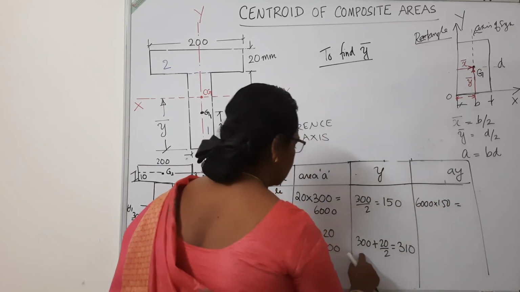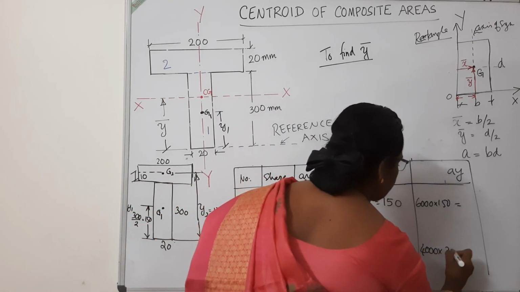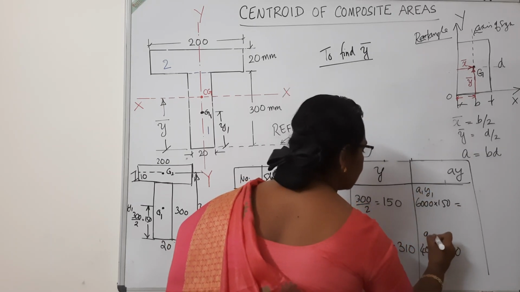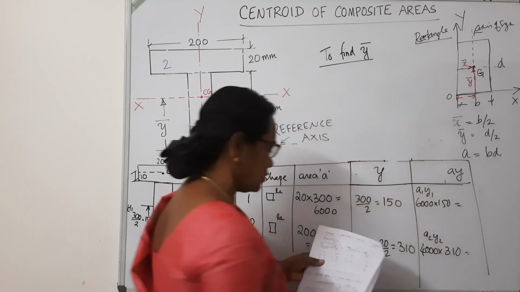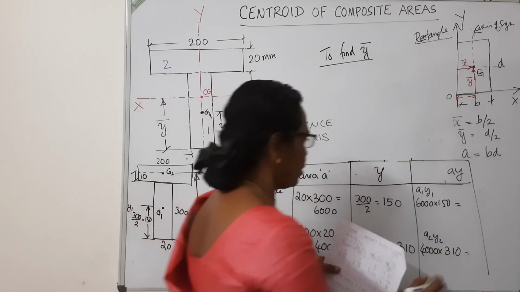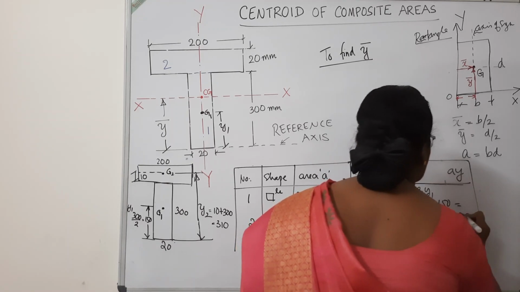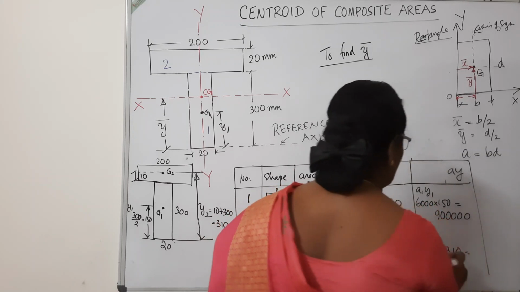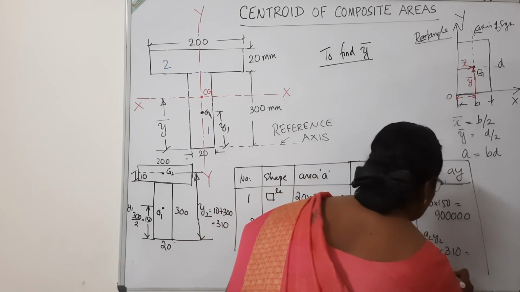Write down here, A2 Y2 is 4000 into 310. You need not write all this, you can just multiply this and write down there. It works out to 90, 1, 2, 3, 4, okay, this is working out to 124.